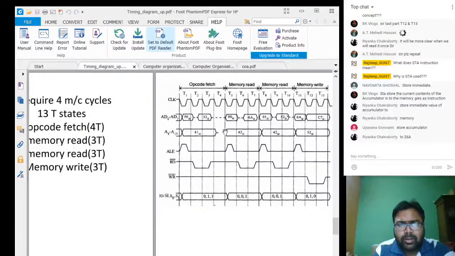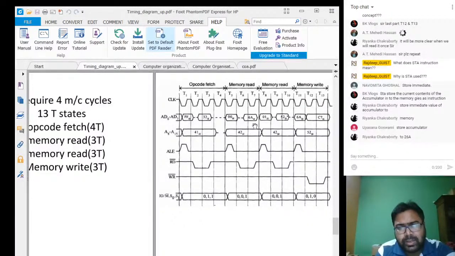Okay, so STA by default means that it is going to store the content of accumulator to the memory location. Okay, so here in the first fetch cycle you have decoded it in T4. So now you know that it is going to store the content from accumulator to memory location.